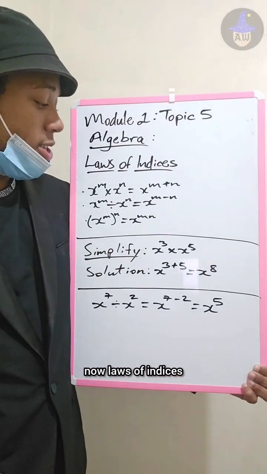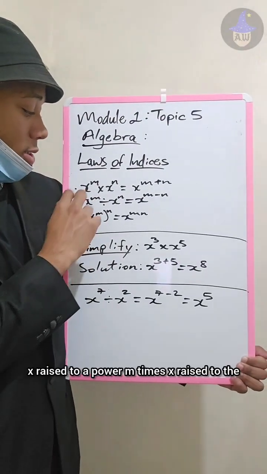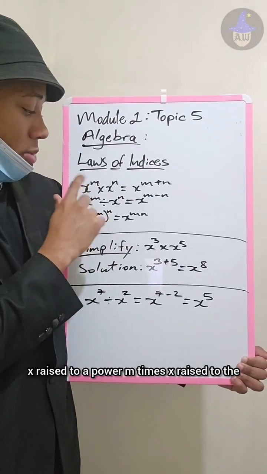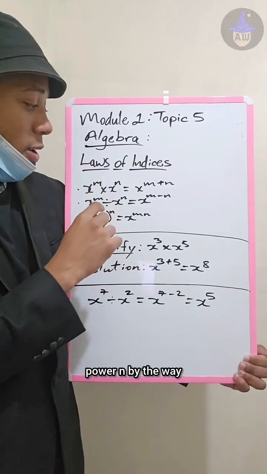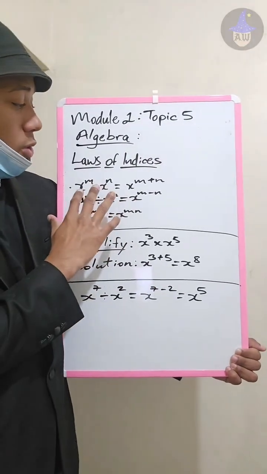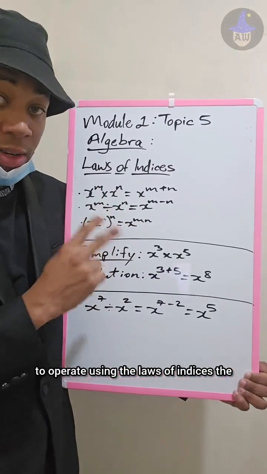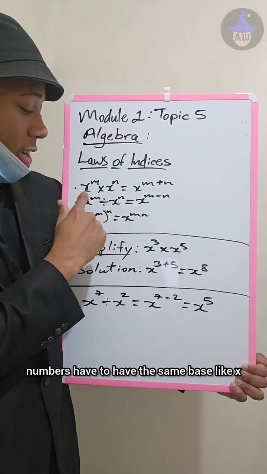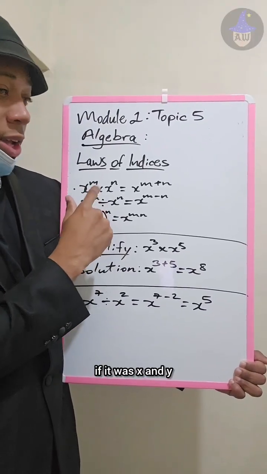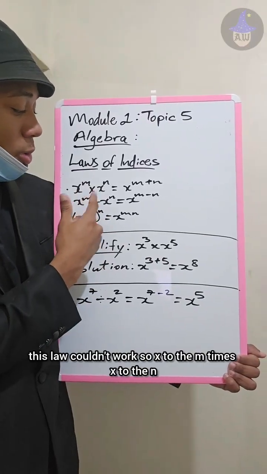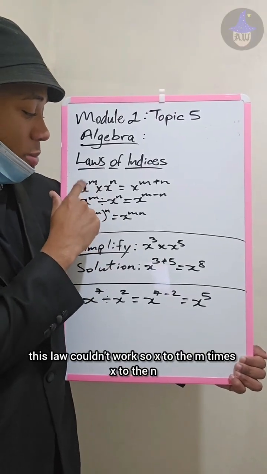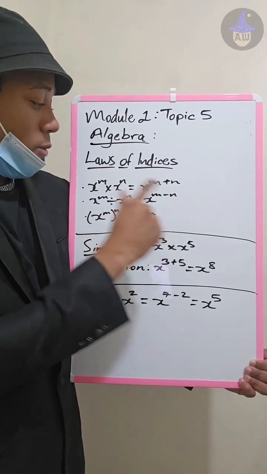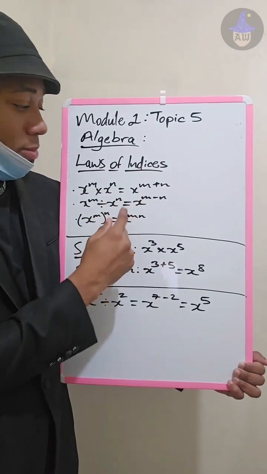Now laws of indices. X raised to a power m times x raised to the power n. By the way, to operate using the laws of indices, the numbers have to have the same base. If it was x and y, this law couldn't work. So x to the m times x to the n, what you do with the powers is you just add them.